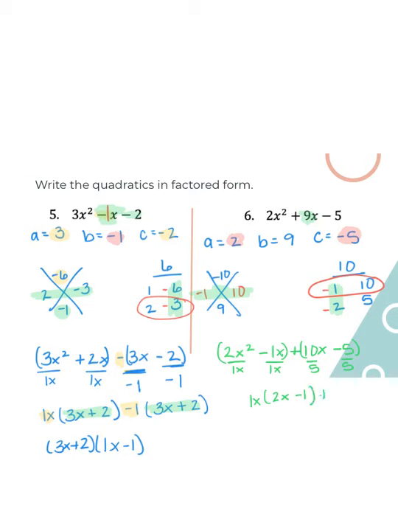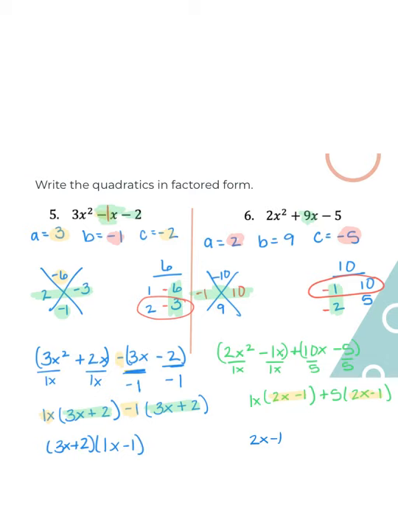Okay, and then I'm going to say plus, because I divided by a 5, plus 5. And 10 divided by 5 is 2. And I still have an x. And then negative 5 divided by 5 is going to give me a negative 1. So now do my insides match? 2x minus 1, 2x minus 1. Yep, so let's make that our first set.